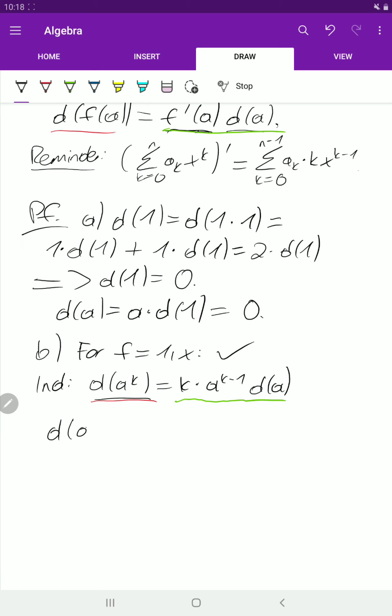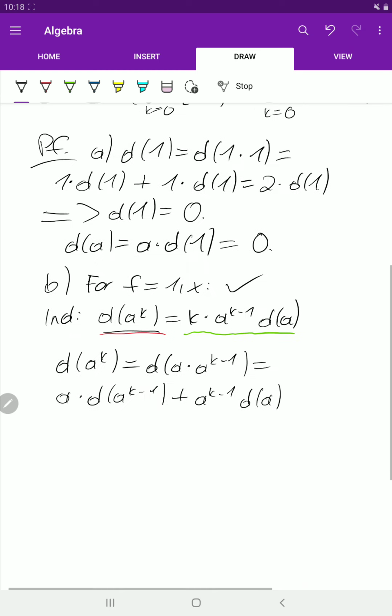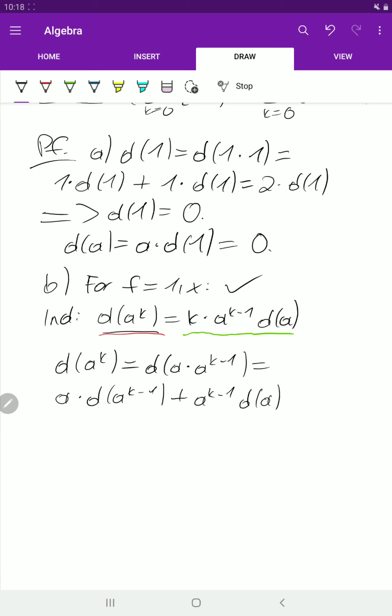So let's look at D of A to the k, which is D of A times A to the k minus 1, which is, by the product rule, A times D of A to the k minus 1 plus A to the k minus 1 D of A. So that's already fine. We don't have to worry about the second term right now. We just apply the inductive hypothesis to the first term.